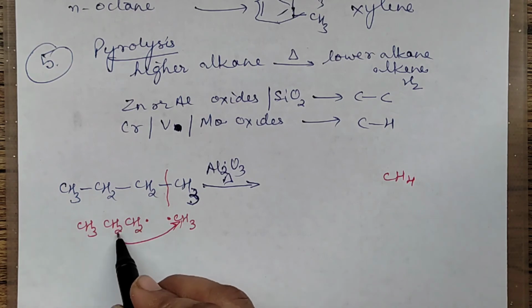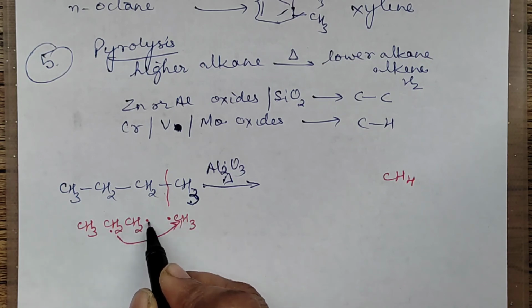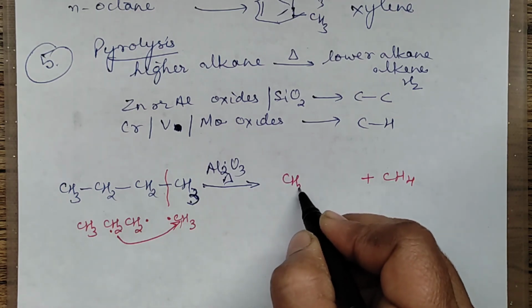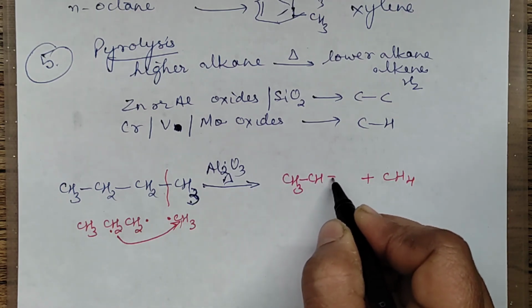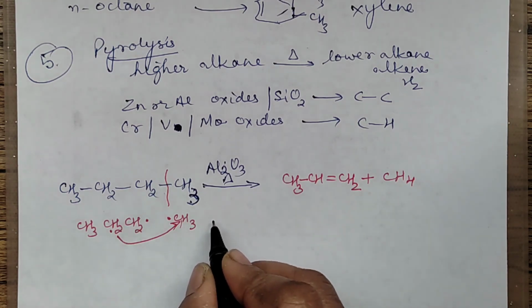The center carbon atom now has lost an H, so it is having one free radical. This free radical on the carbon atom, because one H has gone, and this free radical, these will form a bond and it will result in the formation of an alkene. So either it may form an alkene, that is propene plus methane, or let us understand another reaction.